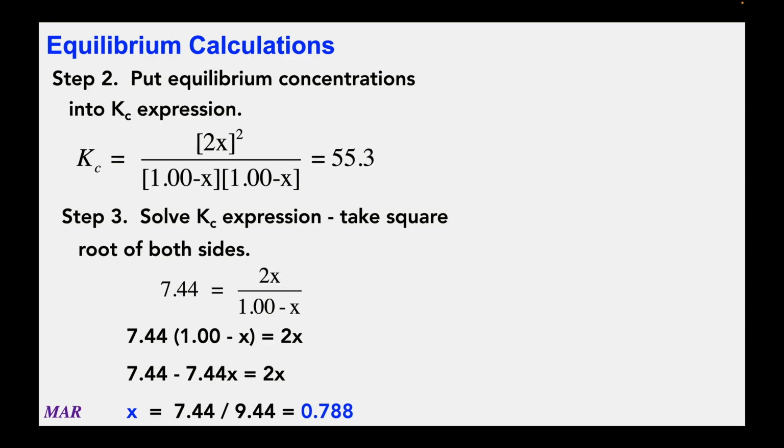We will add 7.44x to both sides, so we'll have 9.44x. 7.44 plus 2 is 9.44. 9.44x equals 7.44. We can then solve for x by dividing by 9.44 on both sides. That leaves just x. x is going to equal 7.44 divided by 9.44, and that equals 0.788.